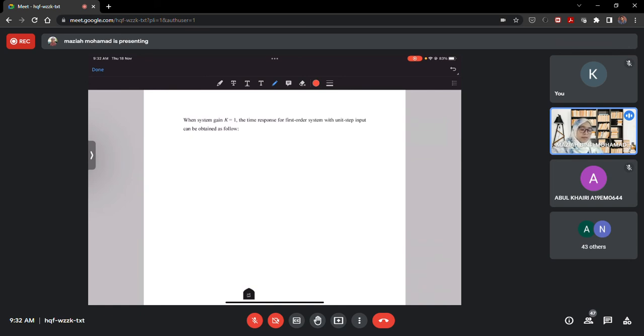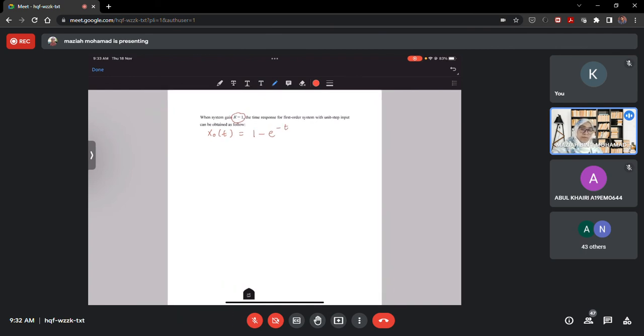So the equation that we get is x naught t is equal to 1 minus exponent negative t, because we consider k is equal to 1.